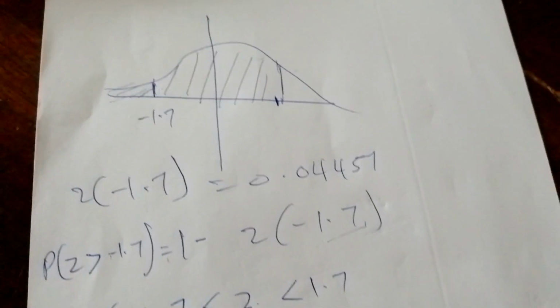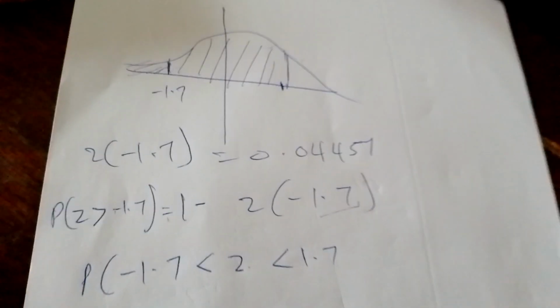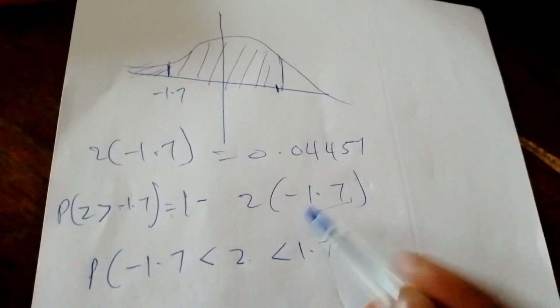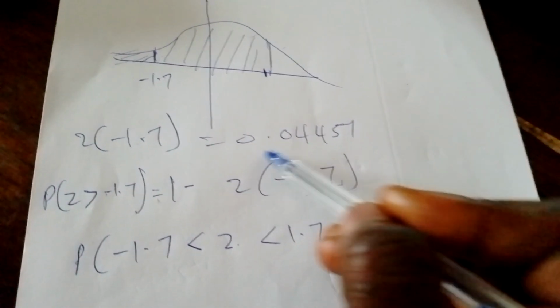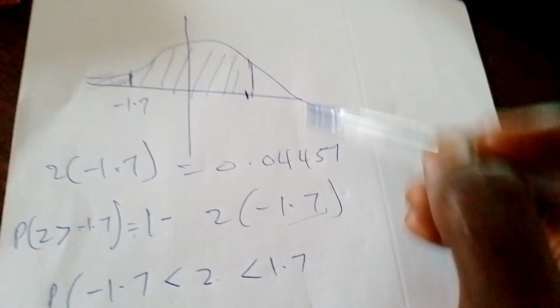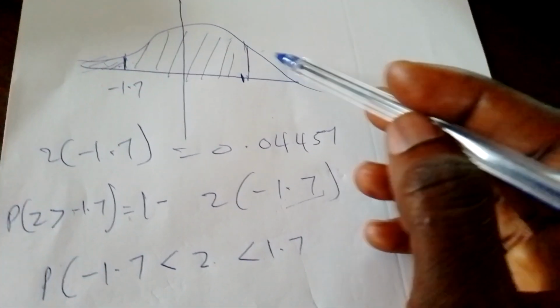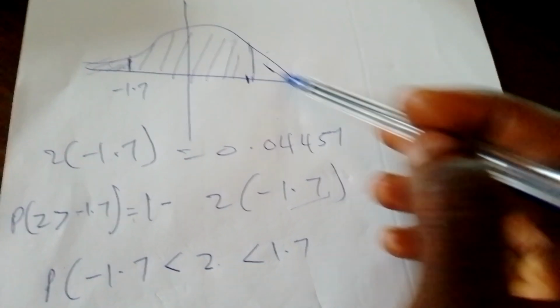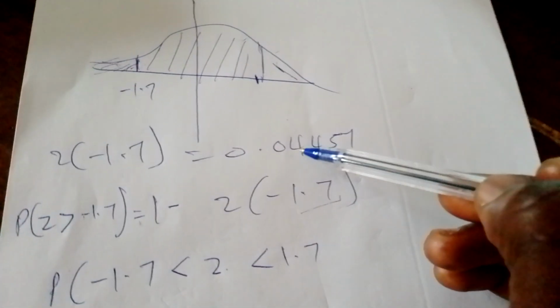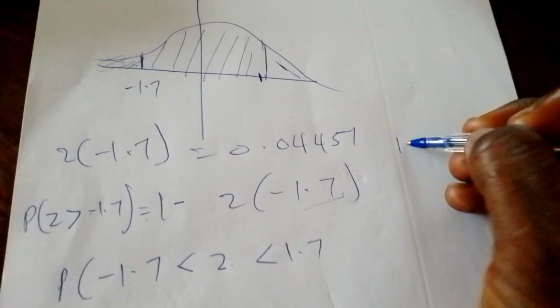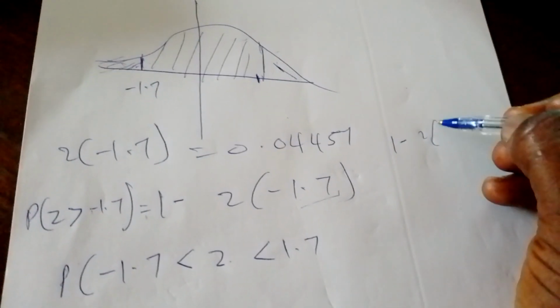Now how do you find this area? There are two ways to do this. First of all, you find z of that, then you know that's this area, and since it's symmetric, it's also the same thing here. So this one is the same thing as that. Then you can just say 1 minus 2 times this.